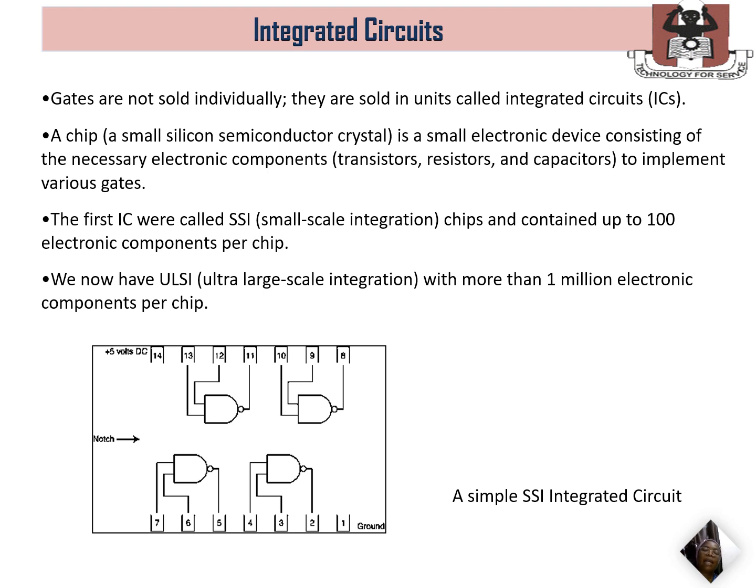The diagram we have here is a small scale integrated circuit, a simple one, and you can see that it is made up of 4 NAND gates. After the SSI, we have the MSI, medium scale integration, and the LSI, large scale integration. Today, ultra large scale integration is available.